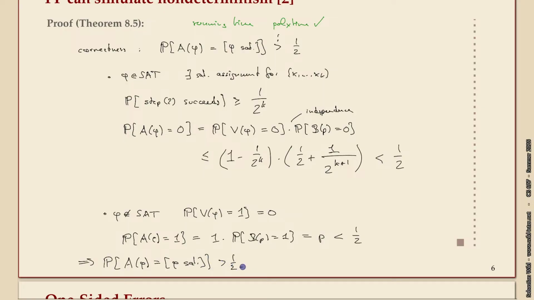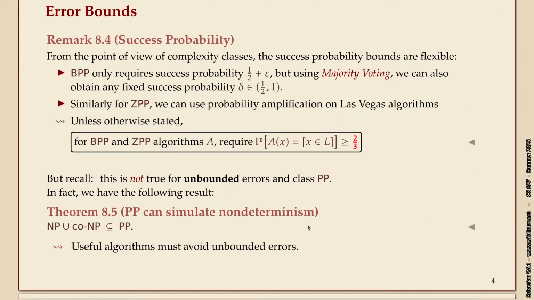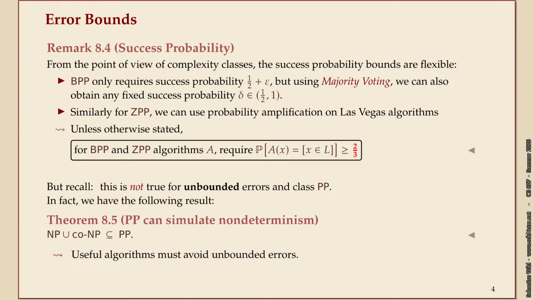And that was what we wanted to show. So if you had any doubts before this proof, this certainly drives home that PP is not interesting. You need bounded error Monte Carlo algorithms for any kind of interesting results, both practical and for the error probability, and in theory for having interesting complexity classes.